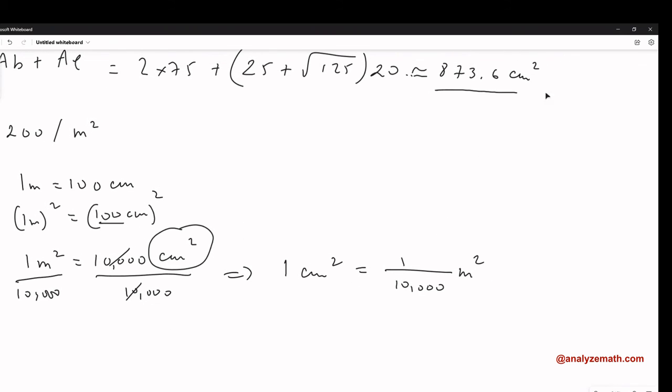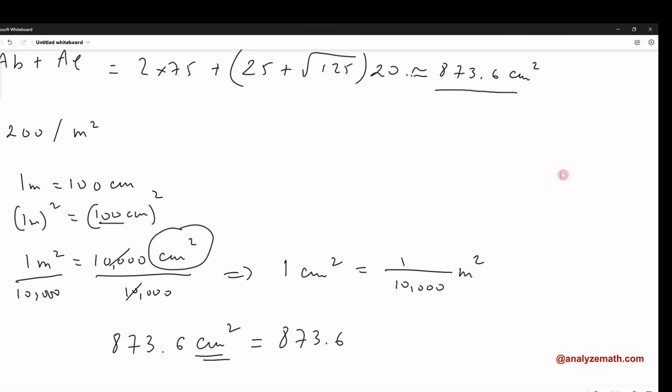So what we need to do now is to find this area converted into meter squared, and that's very simple. 873.6 centimeters squared is equal to 873.6.